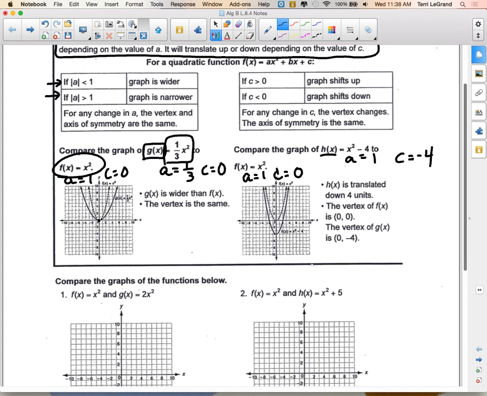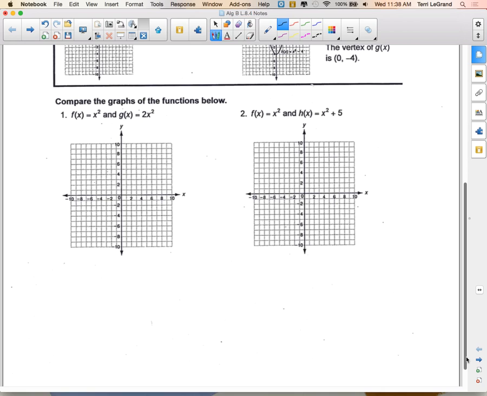Okay, so let's go do some of them. We're going to put them in our graphing calculator to help us graph them. So f of x equals x squared. Go to y equals. Clear out anything that's in there right now. And we're going to put x squared into y sub 1, the parent function.